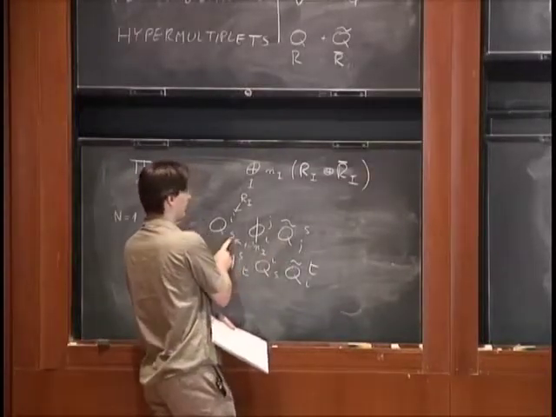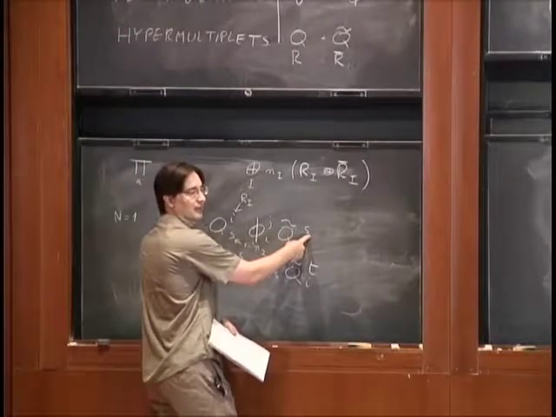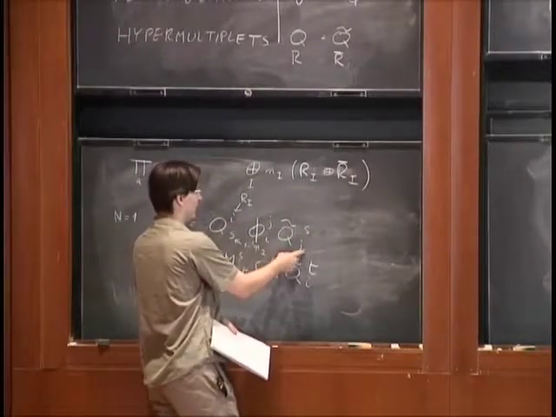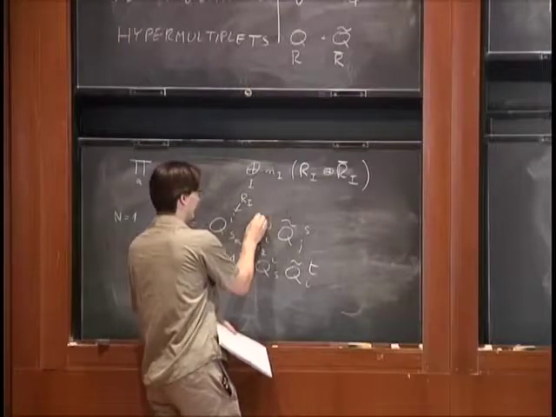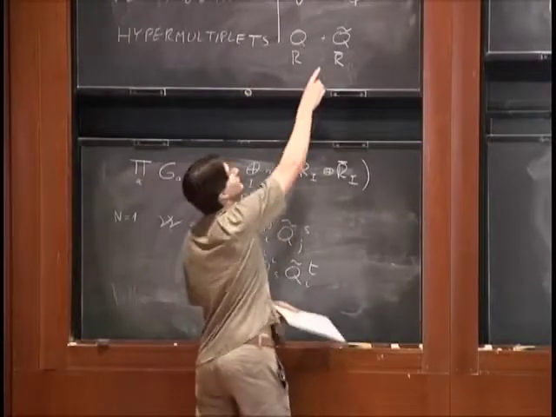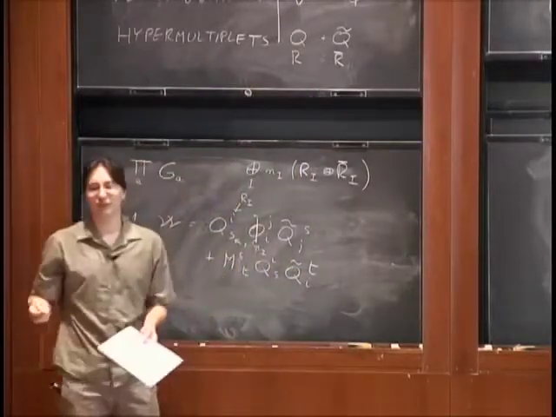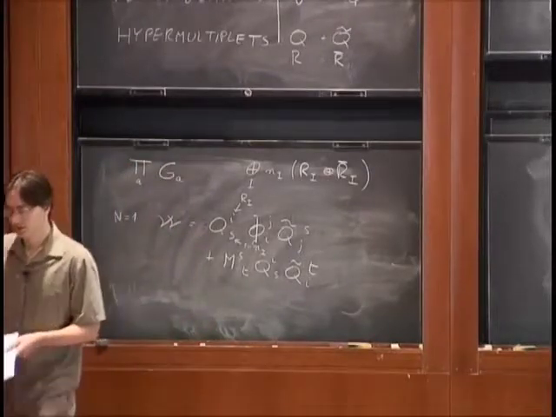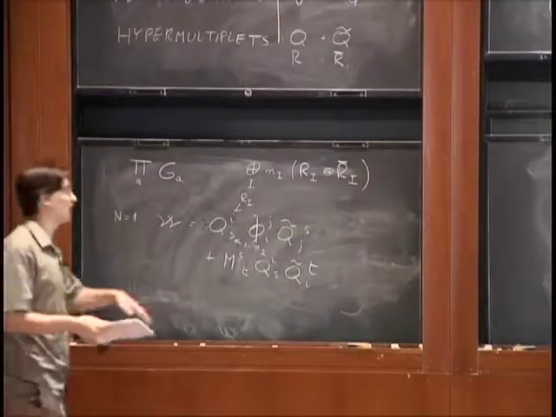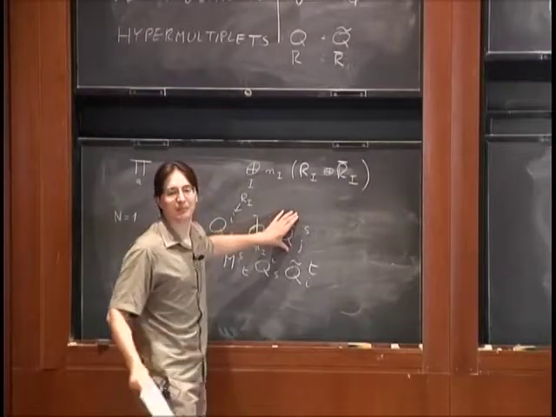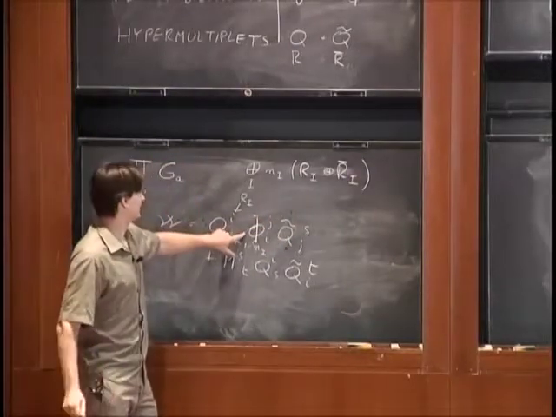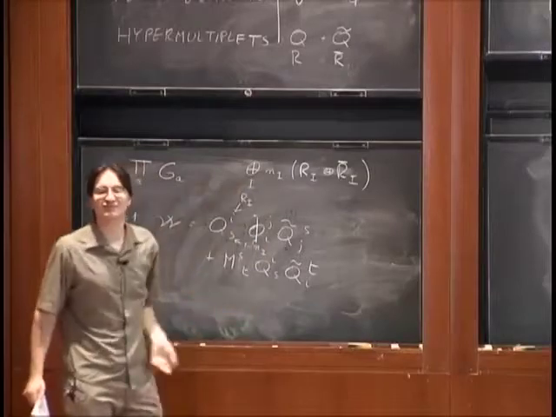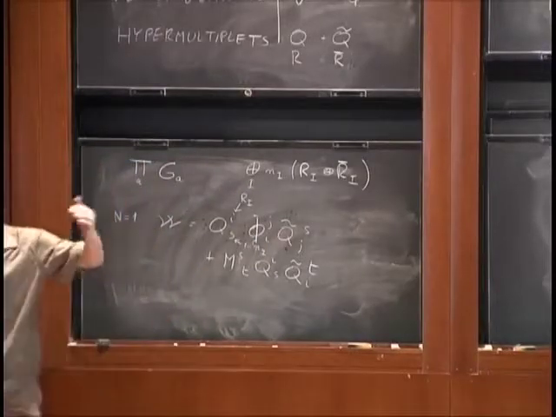There is a term where the flavor indices are contracted, while the gauge indices are contracted with the adjoint scalar field. The adjoint scalar field sits in the adjoint, so by using the structure matrices that represent the action of the gauge group over the matter fields, you can write it as something which carries two gauge indices, in R and in R bar.